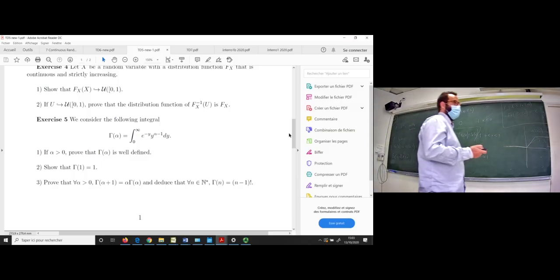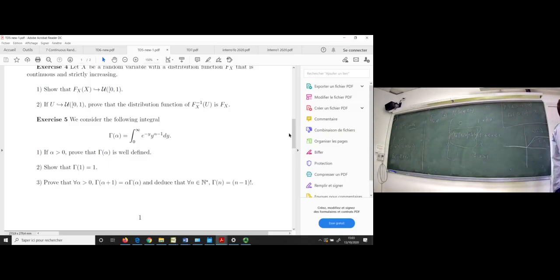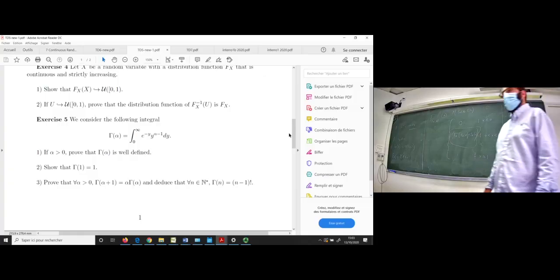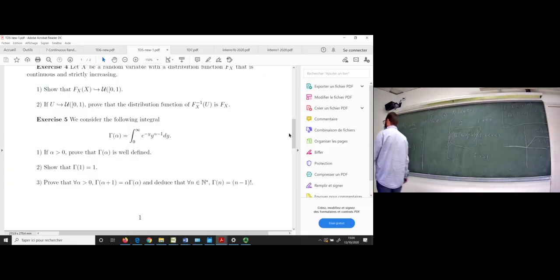Second question, that is slightly different. I consider a uniform. I apply F_X^{-1} and I recover the same distribution as X. I prove that the distribution function of this one is the same as the distribution function of X, in order to prove that F_X^{-1} of U and X have the same distribution.